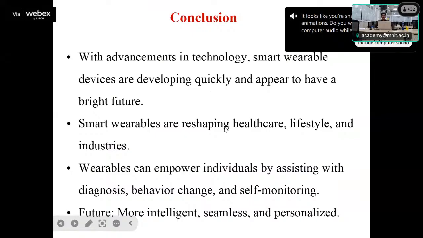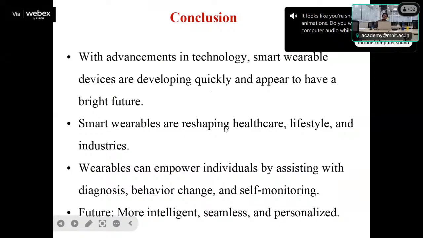Finally, with advancement in technology, smart wearable devices are developing quickly and appear to have a bright future. Smart wearables are reshaping healthcare and our lifestyle, where through our daily routine we can capture the important parameters. Wearable technology can empower individuals by assisting with early diagnosis, behavior change, and self-monitoring.